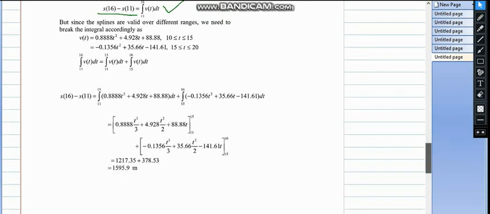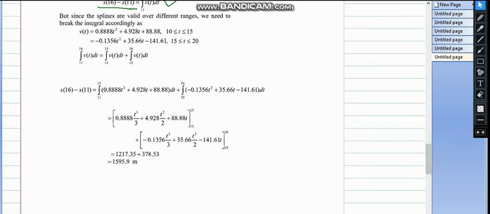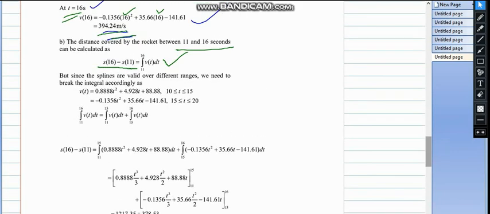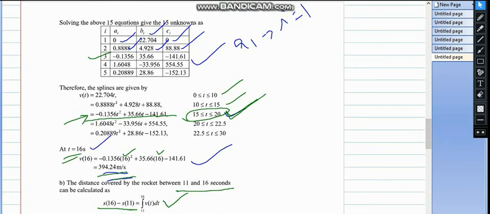Since we have 11 to 16, we have two time regions, so 11 to 16 means we have to consider both these time regions. Okay, so 11 will come here, and 16 will come here. So we have to consider both cases.